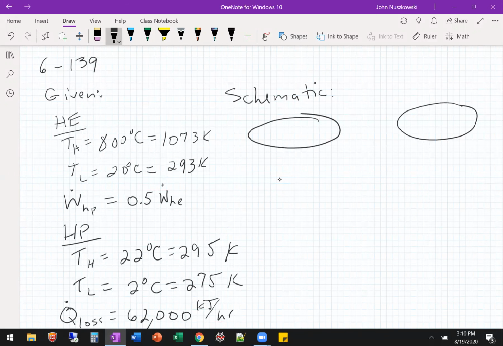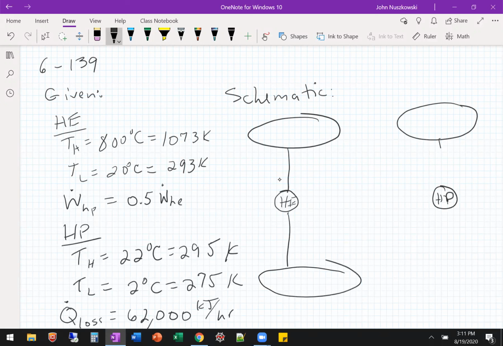So we have a heat engine and we have a heat pump. We have the TH and the TL for the heat engine, the TH and the TL for the heat pump.